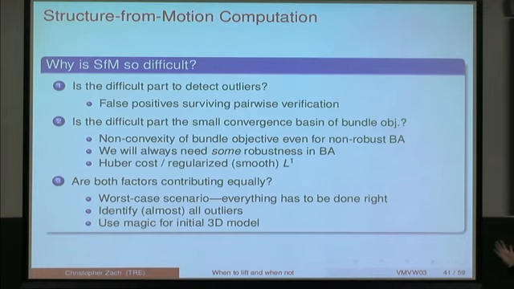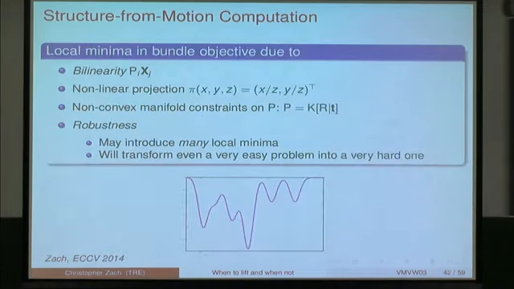That's clearly one of the problems, but even if we take out this issue of robustness, how difficult is the non-robust bundle adjustment cost function? I didn't write down the bundle adjustment cost function, but what it involves is a certain bilinear term. You have camera matrices denoted by Pi, and you have 3D points denoted by Xj.